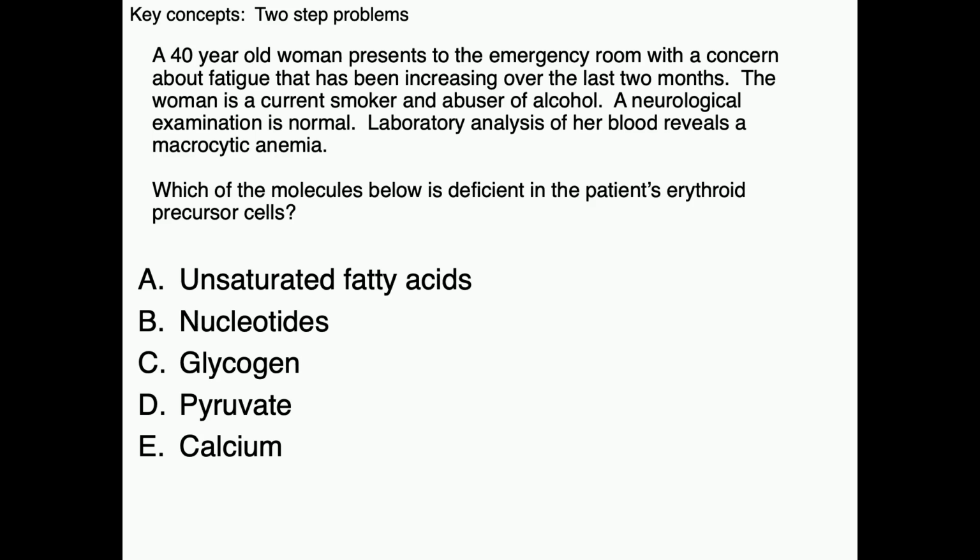Everything in the top, I think, is identical. It's just what it's asking that is different. It's not a super difficult two-step question, but you have to recognize the clinical presentation as a folic acid deficiency, and then understand the pathology of it.